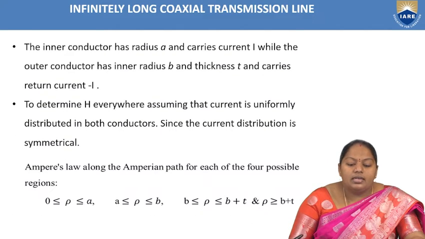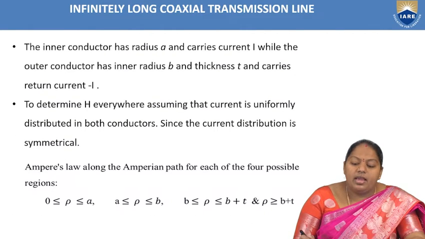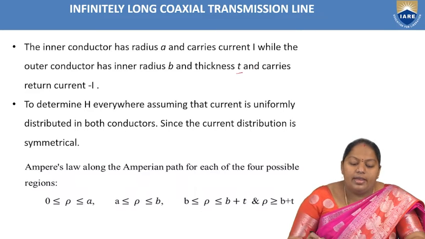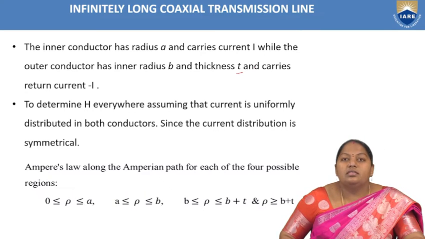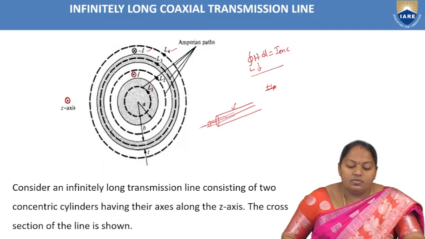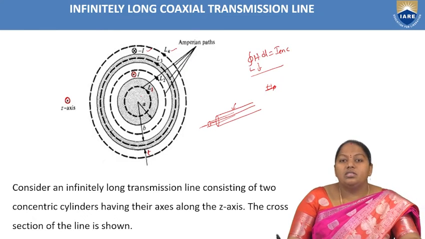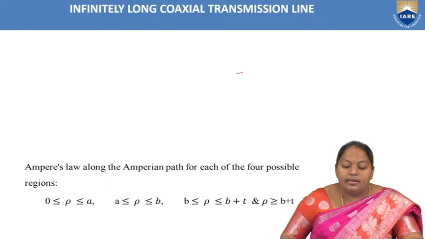The inner conductor has a radius A and carries the current I, while the outer conductor has an inner radius B and thickness T and carries the return current minus I. In the figure, the inner circle has radius A and the outer circle has radius B, the thickness is given by T, along with the two currents I and minus I.